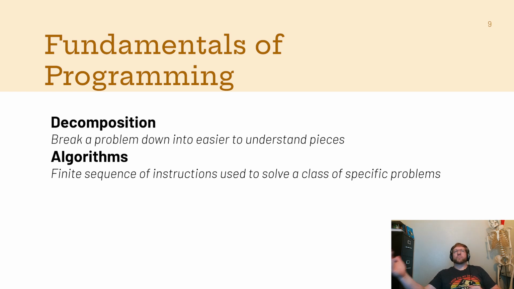How do we find the next prime number? How do we update the physics engine in a game so that things can collide, and what happens when they collide? What's the physical response to that? Those are all algorithms. A lot of algorithms already exist and can be found and learned.